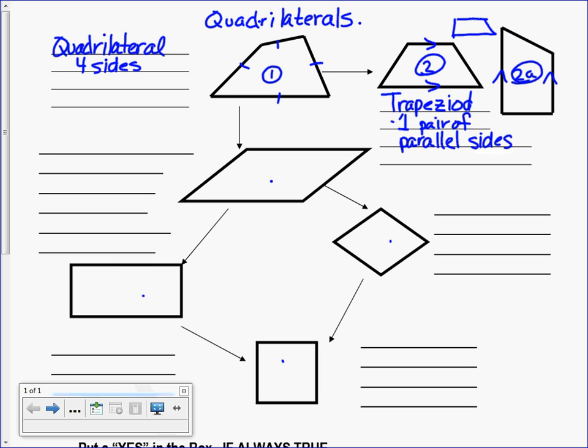Now let's get into our main family of quadrilaterals. Quadrilateral and trapezoid are both very important, and we need to understand their characteristics. But now we're going to move into image number 3, and image number 3 is what we call a parallelogram.